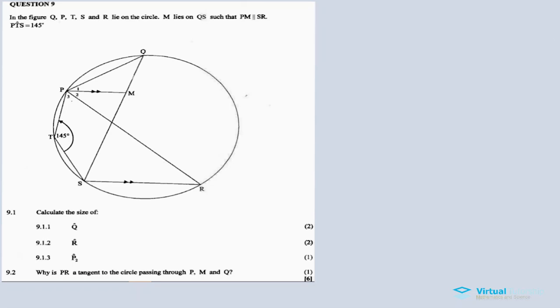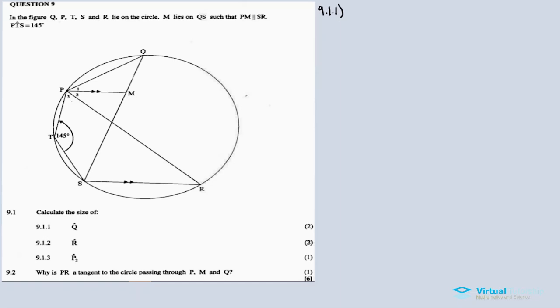So we start at 9.1.1, where we have to calculate angle Q. Whenever we approach a Euclidean geometry problem, look at the given information, especially when asked to calculate the size of an angle of maybe Q, R, S. The first thing you need to check is what angle is given.